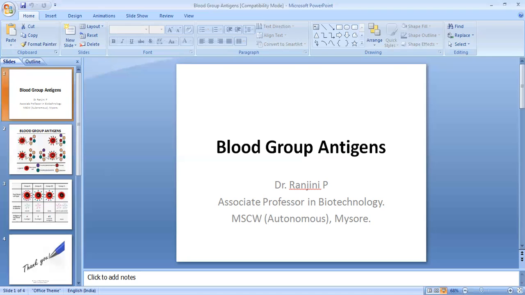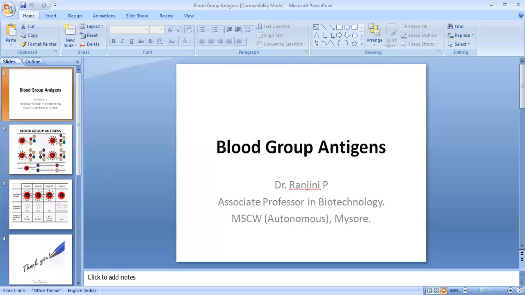Based on the presence or absence of the Rh antigen, the blood groups are further classified into A positive if they have the Rh antigen, A negative if they do not carry Rh antigen, B positive if they carry Rh antigen, and B negative in the absence of Rh antigen, AB positive, the group AB with Rh antigen, AB negative, group AB without Rh antigen.